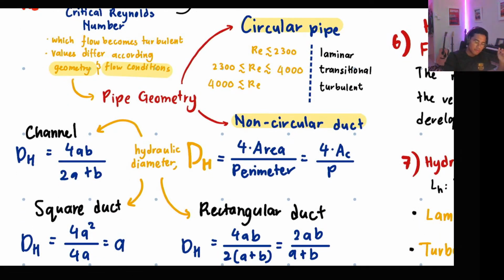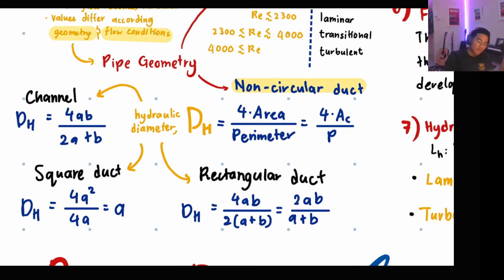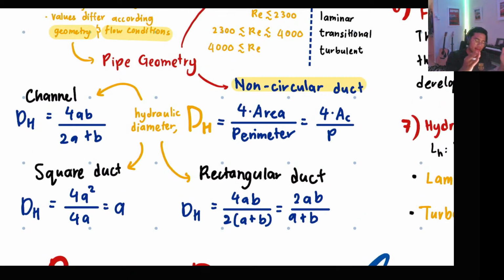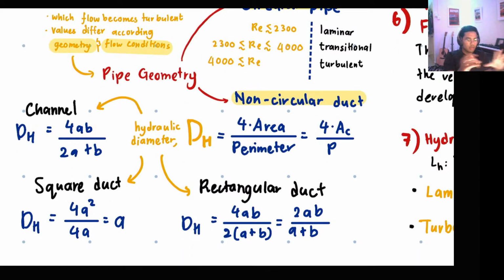What about non-circular pipe? Non-circular pipes or ducts are used for transporting gases. It is uncommon to transport liquid in a square or rectangular shape unless it's an open channel.